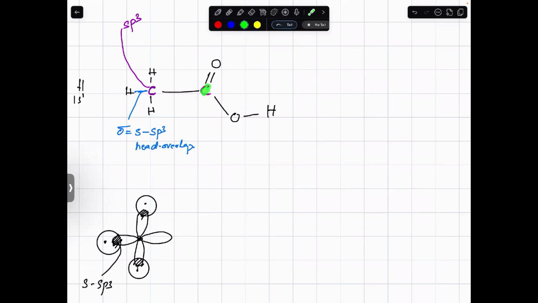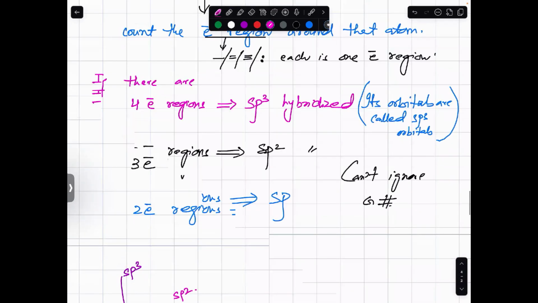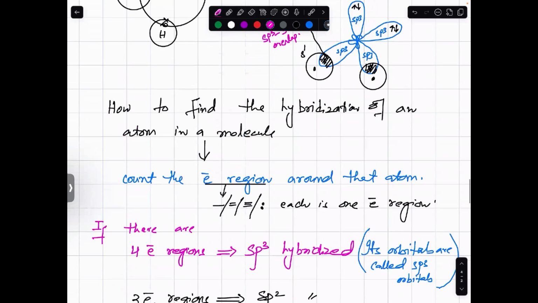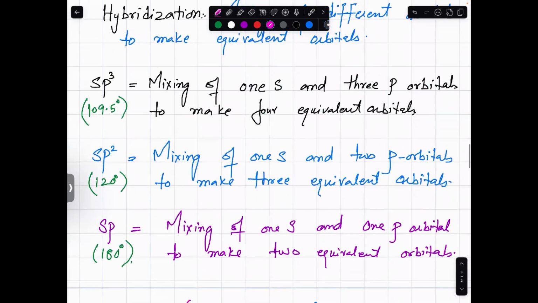Carbon is group 4. No lone pair, 3 regions. How 3 regions? 1 region, 2 regions, and 3 regions. So what is the hybridization? sp2. So this carbon has sp2, sp2, sp2. Look, the mixing of 1s and 2p makes 3.